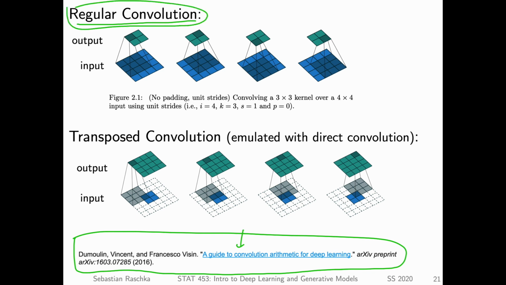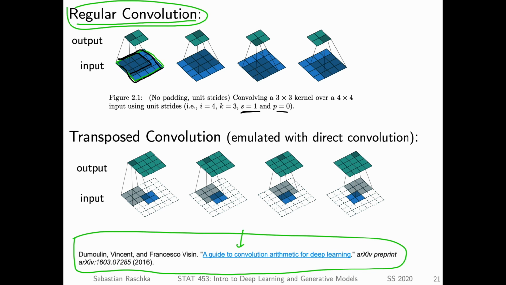So what's going on is we have this input here, the bottom part in blue, that is our input. And then we have our kernel, this dark thing here, and it is sliding over the input. Here they use a stride of 1 and no padding, so it will actually reduce the size of the feature map, going from 4 to 2, because we don't use any padding here.